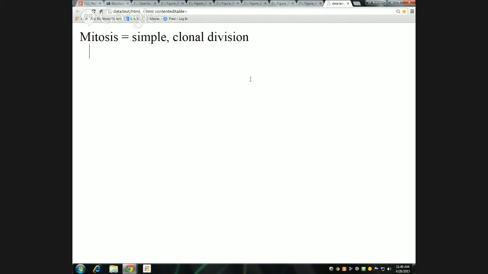This occurs for pretty much all body cells. And I'm saying pretty much here, hedging my bets, because there are some exceptions to some of these broad statements I want to make. So I'm allowing for that. But essentially, all body cells divide this way.